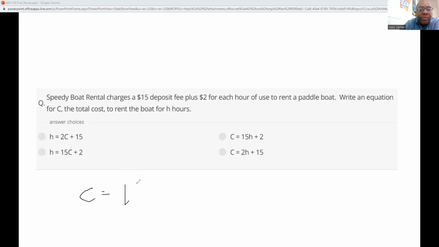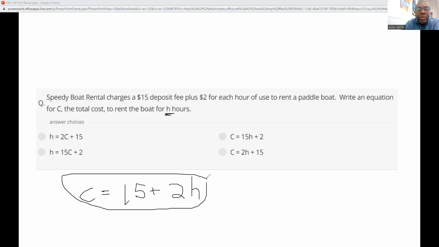So I'm going to start off the rip with $15 plus $2 per hour. So I'm going to say 2 and each hour, oh, it says H hours. So we don't know how many hours. I'm just going to say 2H. So the total cost equals $15 off the rip plus 2H. That would be the equation that I would write.